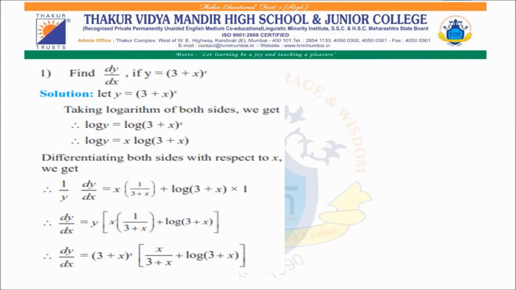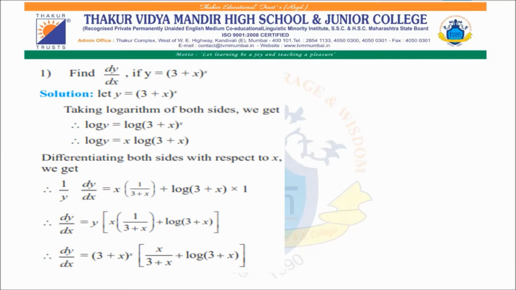Now differentiate both sides with respect to x. We get the derivative of log y as 1 by y dy by dx. This is a common step in every question of logarithmic differentiation. Note that whenever you have to differentiate log y, you have to write 1 by y dy by dx equals, here x is one function and log of 3 plus x is the other function.